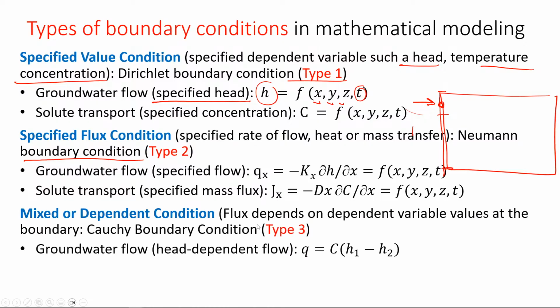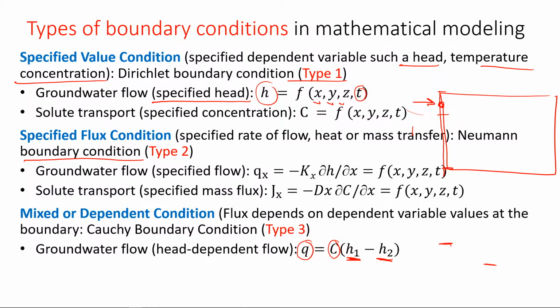Type 3 boundary condition is a mix. Let's say I have a head in my river and a head in my aquifer. Depending on the head in my river and the head in my aquifer, Q will be determined accordingly based on some constant. So let's say the head in my river is high and the head in my aquifer is low.